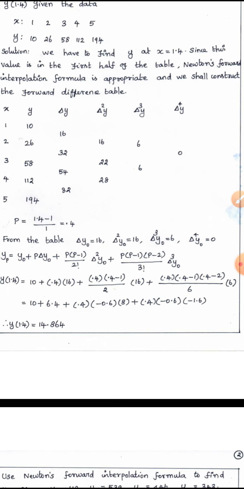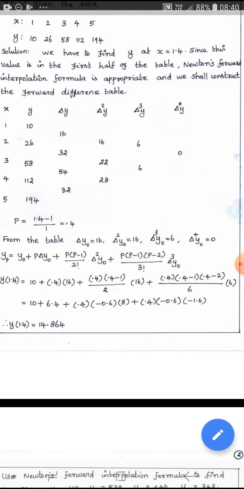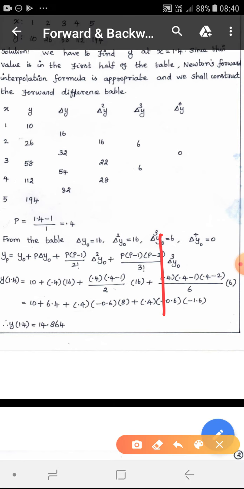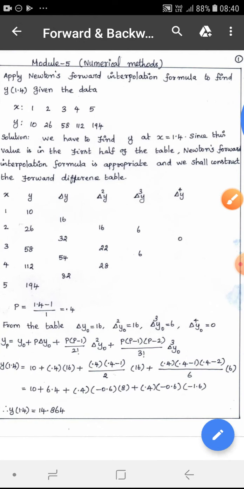Answer remains the same. So instead of p you can use it as r. So here we have used it as a p, and p is x minus x naught divided by h. X means that value at which you have to calculate y value, which is 1.4.